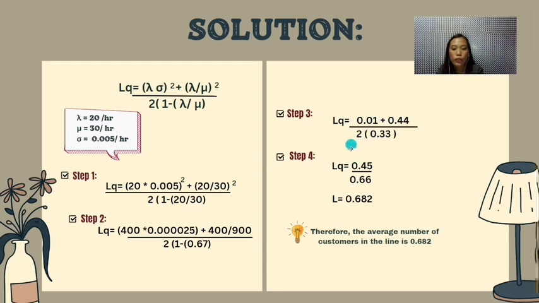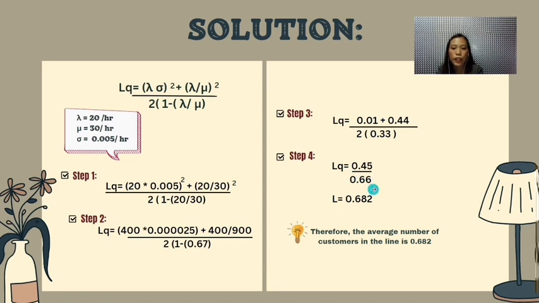So, para makuha natin yung final answer, we need to add, syempre, itong numerator. So, 0.01 plus 0.44 is equals to 0.45. And then, the denominator naman, we need to multiply. So, 2 times 0.33 is equals to 0.66.